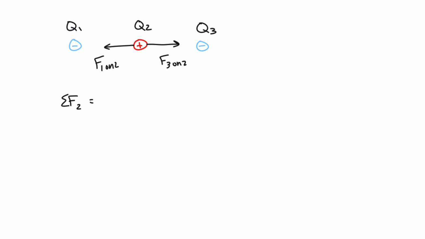So I'm going to think of to the right as the positive direction, and to the left as the negative direction. So we would keep our force of 3 on 2 as a positive force, but we're going to make the force of 1 on 2 a negative force. Again, that's just because they're pointing in opposite directions.